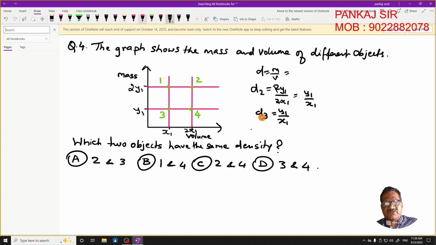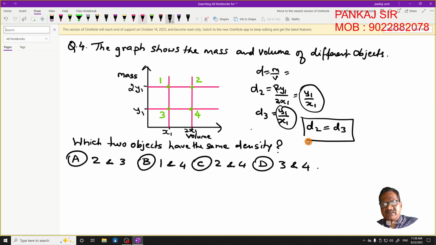So the density of 3 is equal to y1 upon x1. Can you see this y1 upon x1? This is also y1 upon x1. Therefore the density of object number 2 and the density of object number 3 are equal. So the option will be density of 2 and 3. A is the correct option.